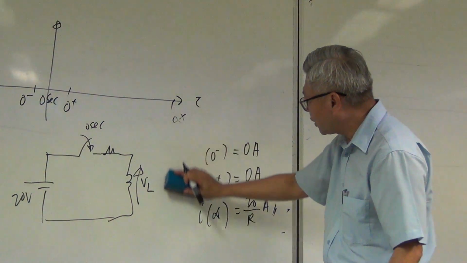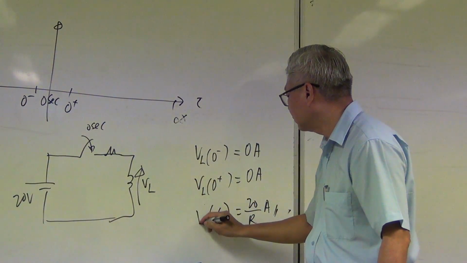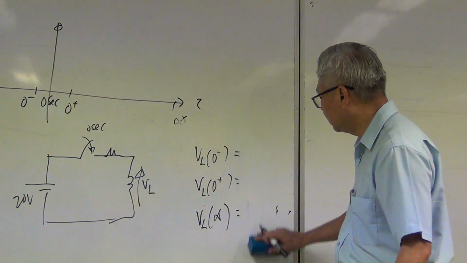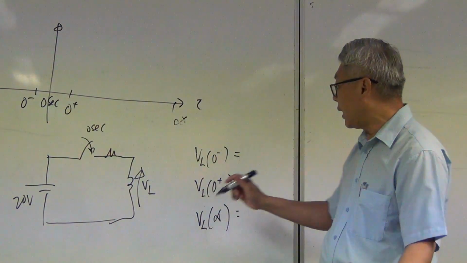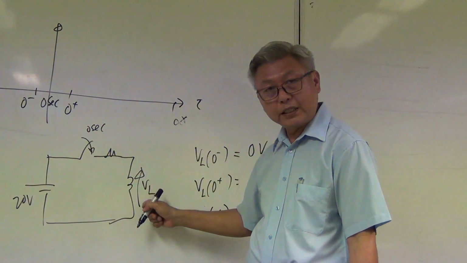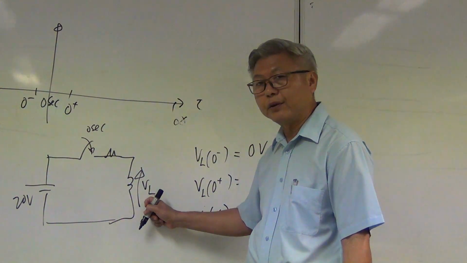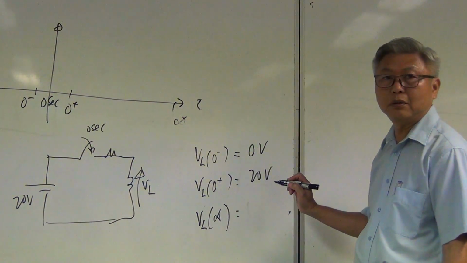Now, this is about the current. Let's talk about the voltage then, VL. Before the switch was closed, it was an open circuit, so VL is equal to 0 volt. But once the switch is closed, it's a very stubborn element, it wants to resist current, so the voltage it induces immediately becomes 20 volt.